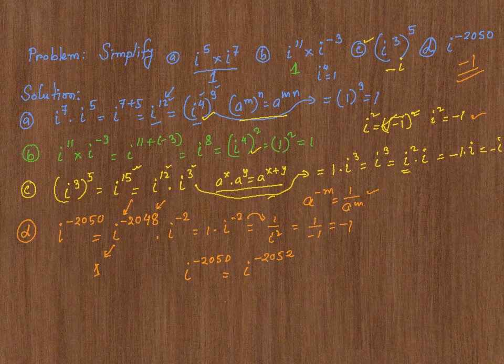This is a number divisible by 4. However, I have i to the power negative 2050. So if I multiply it by i square, then I'm going to have negative 2050, because negative 2052 plus 2 is negative 2050, as I do have. Now this is going to be just 1 times i square, which is negative 1, right? So it's going to be just negative 1. The same answer.